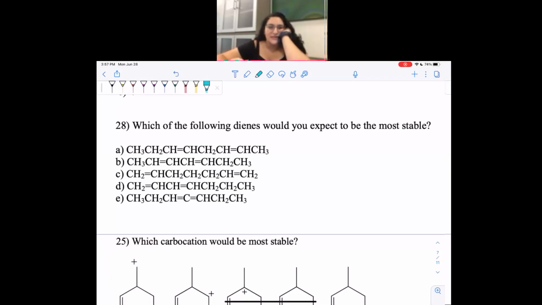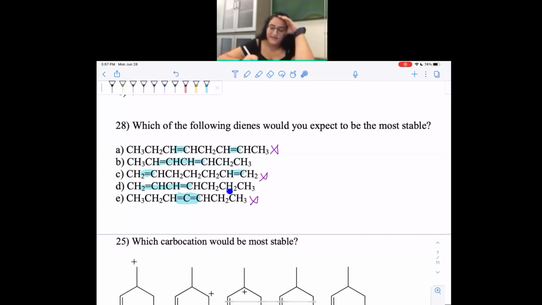What I see first is this one is cumulated. So we know that that's not the right answer. And then we see that these are super far away from each other. These are kind of close. These are far away. These are kind of close. So we also know that it can't be A or C, because those are isolated.